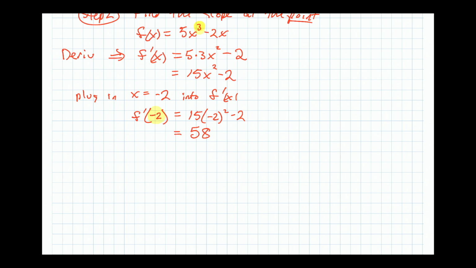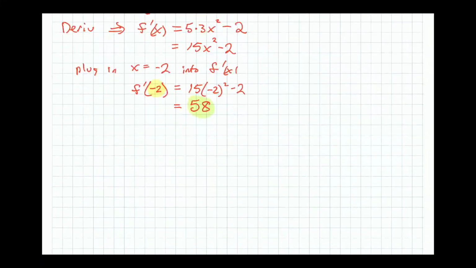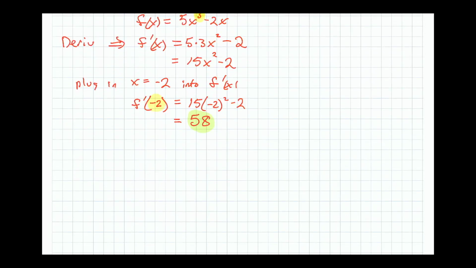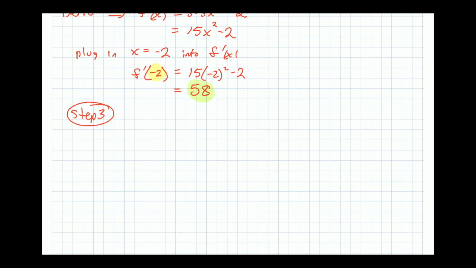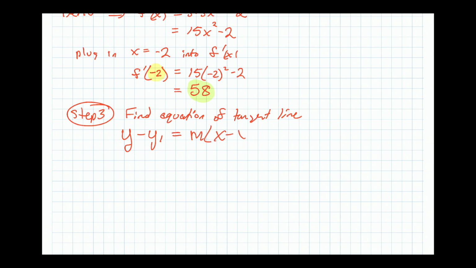All right, so we got this. There's our slope. Okay, so at this point, I guess I'll keep going down here. Step 3, we need the equation of the tangent line. And so you have y minus y1 equals m times x minus x1, and we need to plug in our information.